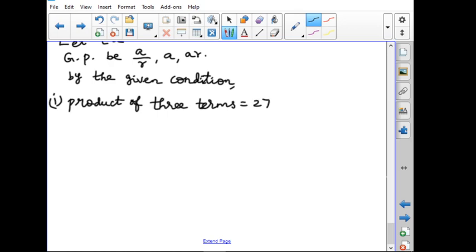We have assumed the three terms A by R, A and AR. The product of three terms we can write as A by R into A into AR equal to 27.